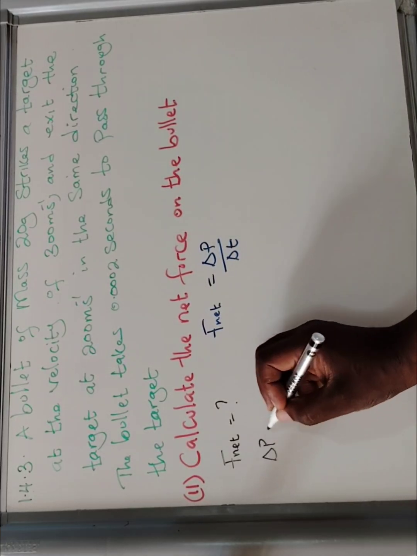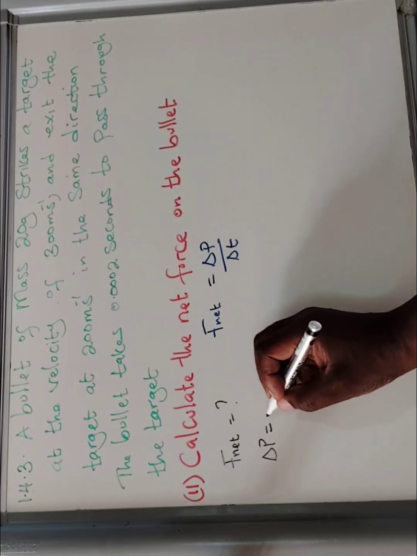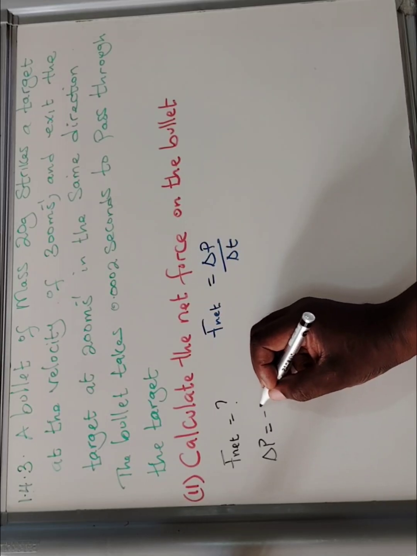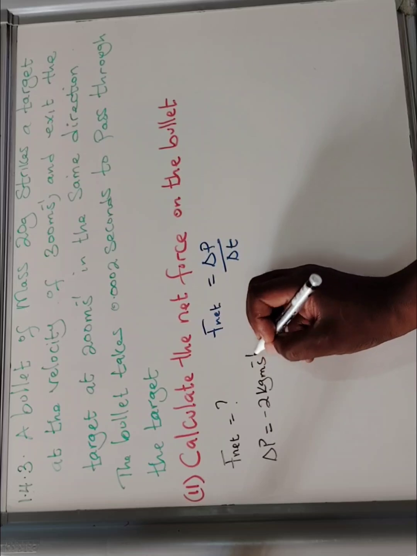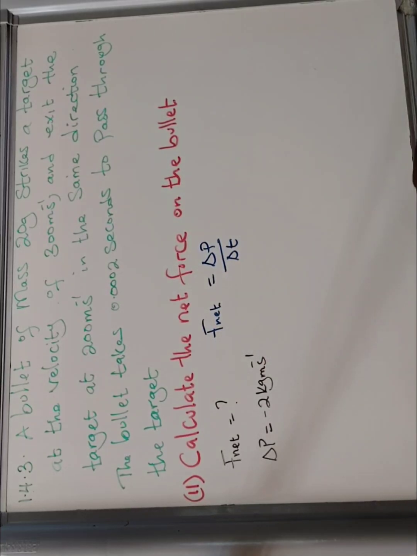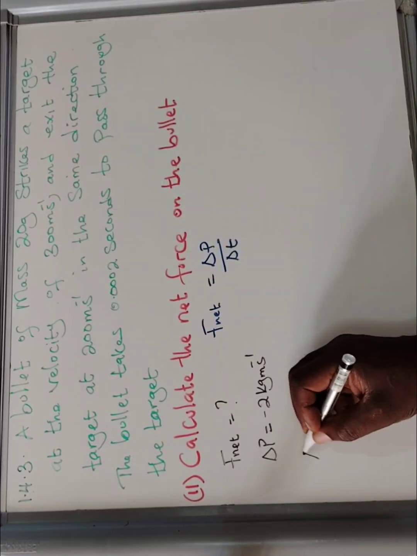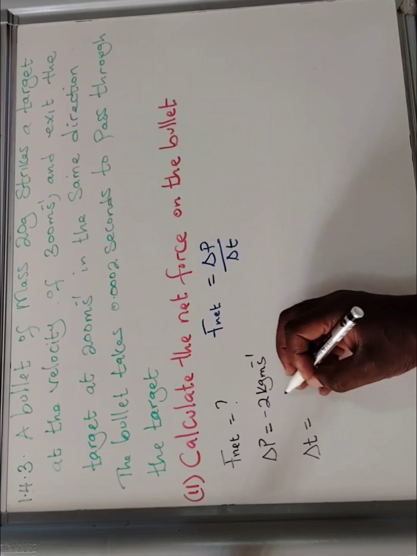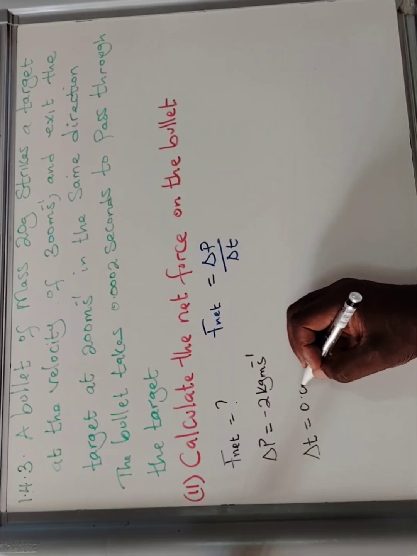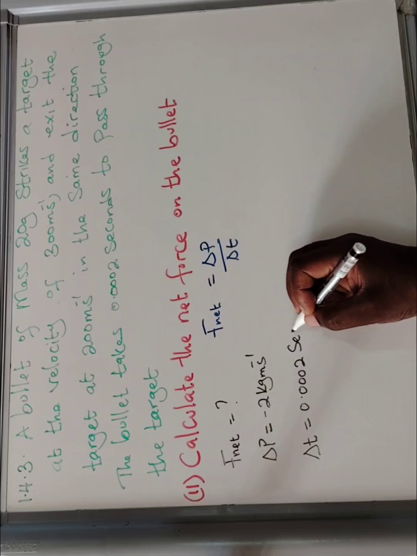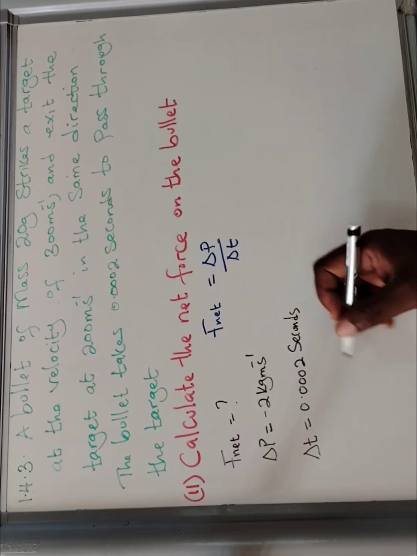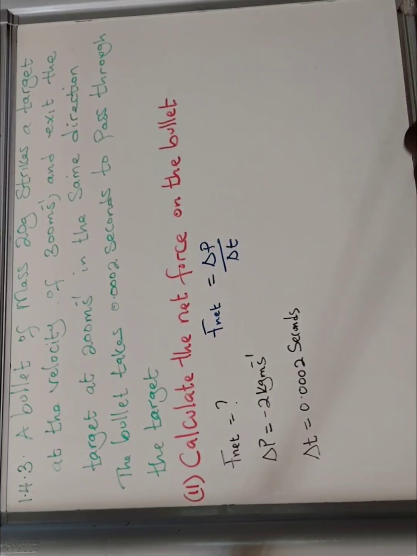Previously we calculated change in momentum and we found it to be negative 2 kilogram meters per second. And we have the time, which is 0.0002 seconds. Now, with this information, what do we do? We substitute.